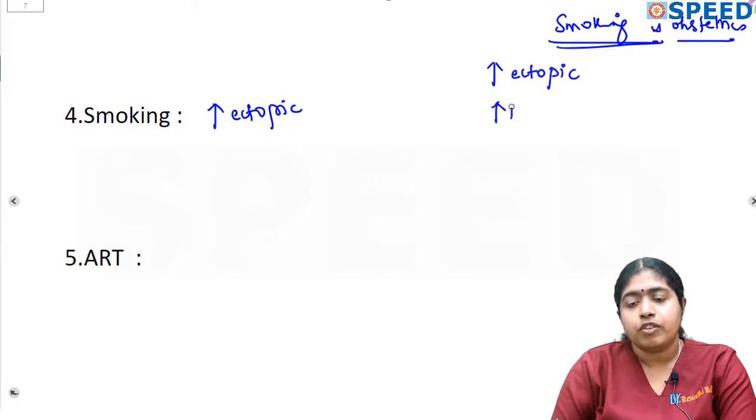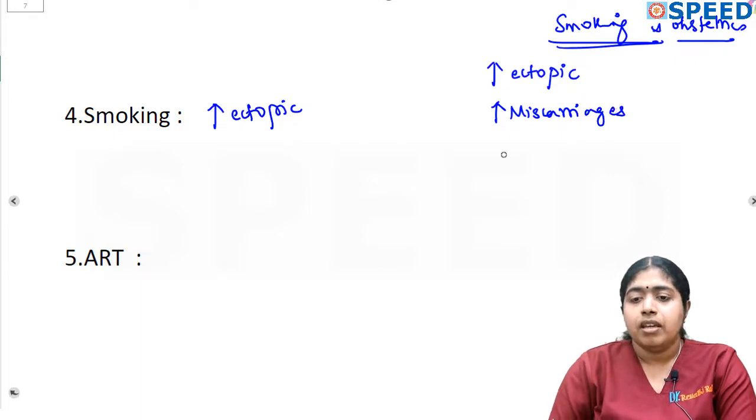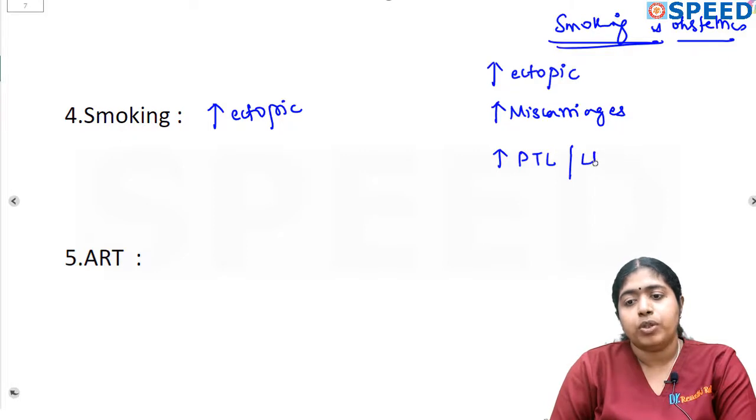It increases the risk of miscarriages. That is, the older terminology used to be abortions; we no longer use the terminology abortion. It increases the risk of preterm labor, and therefore low birth weight also.